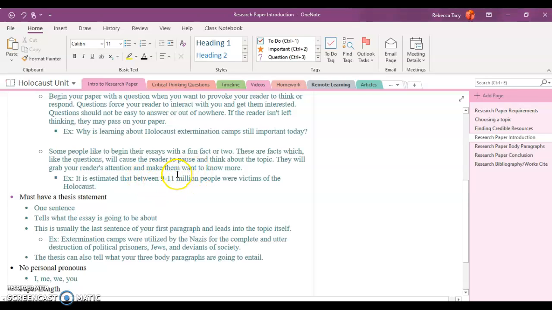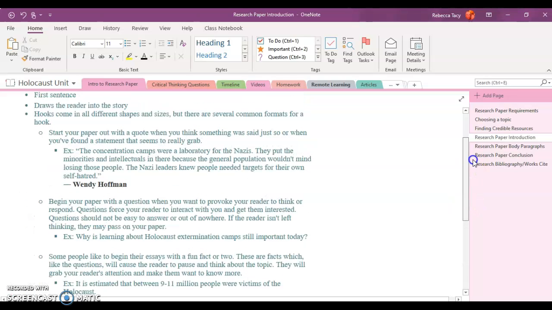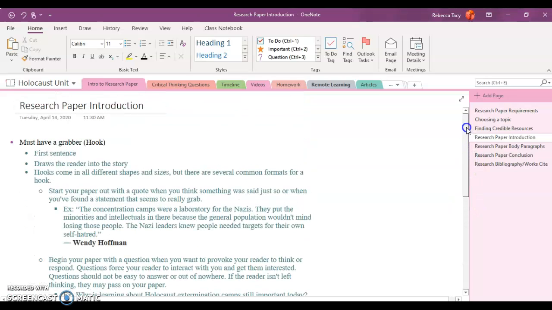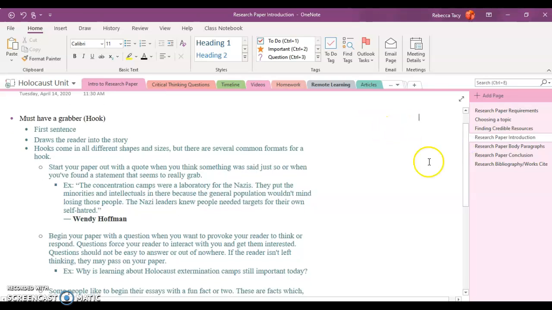The reason why I chose this as an example is because a lot of people just assume or have it stuck in their heads about the 6 million Jewish people. 6 million people were murdered in the Holocaust, but then they forget that there were other victims of the Holocaust besides Jewish people, so you have to include those, which makes it a much larger number of victims that perished in the Holocaust. So that's why I chose this little fun fact as a hook. You could use any of those forms. This is your own paper, so it's your own choice, but I just wanted to give you some examples of what you could use as a hook.